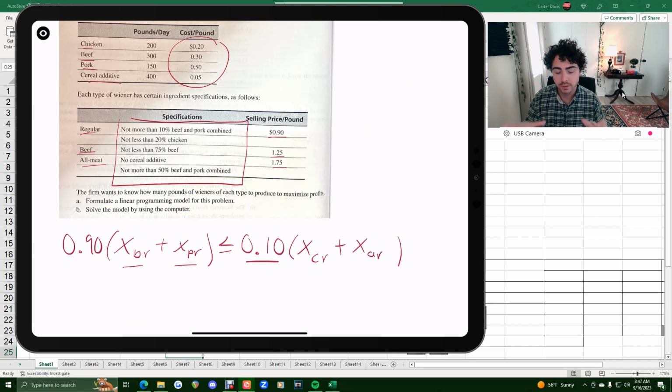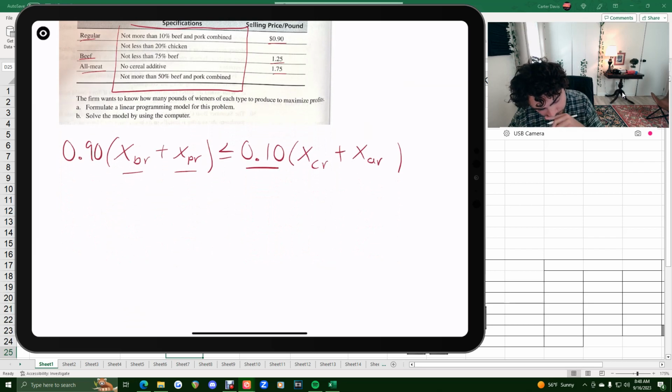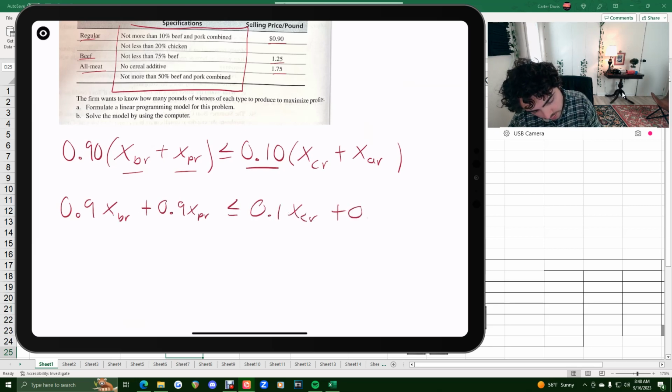Again, I'm just going over my trick of how they've set up the inequalities. I don't know if this is logical or how they do it, but this is how it makes sense to me and it works. From here, you distribute the 0.9 to the XBR and the 0.9 to the XPR, and that's less than or equal to the 0.1 times XCR, and we distribute the 0.1 to the XAR.